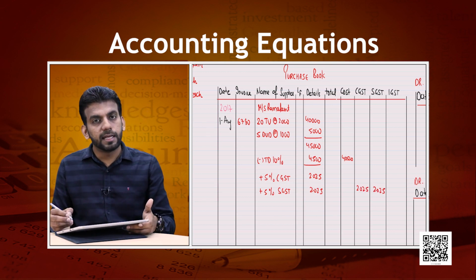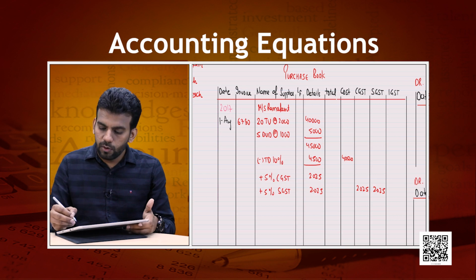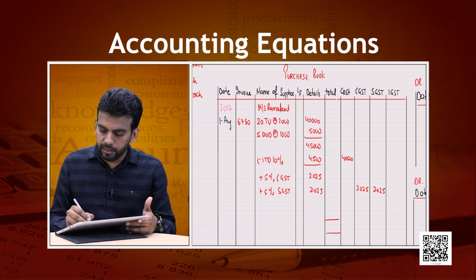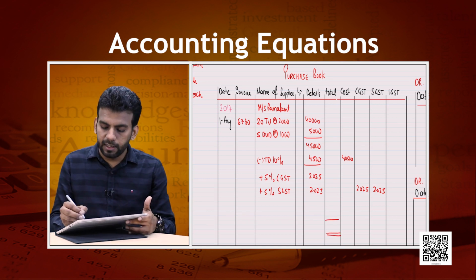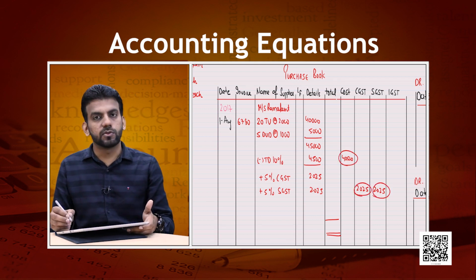These are placed in the respective columns, and this is how we make purchase book, and the total would be placed in this column by adding 40,500, 2025 and 2025.